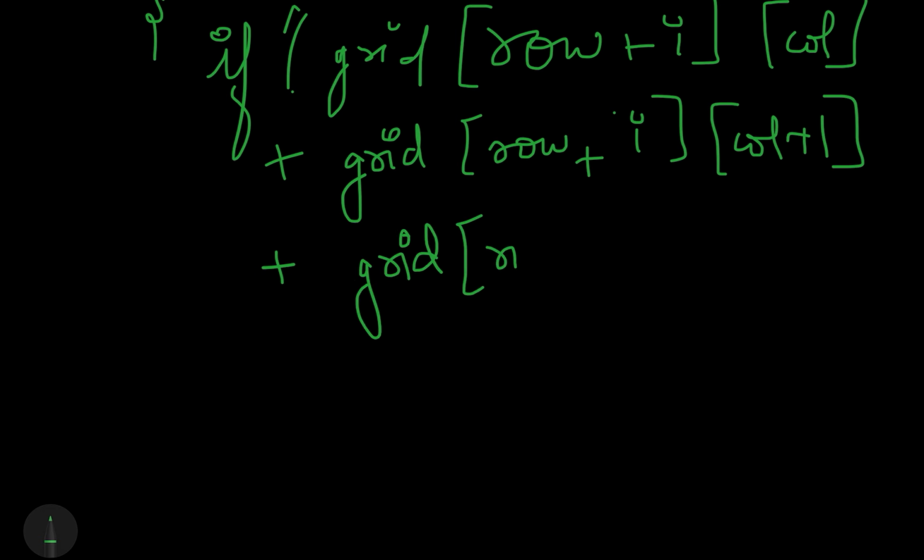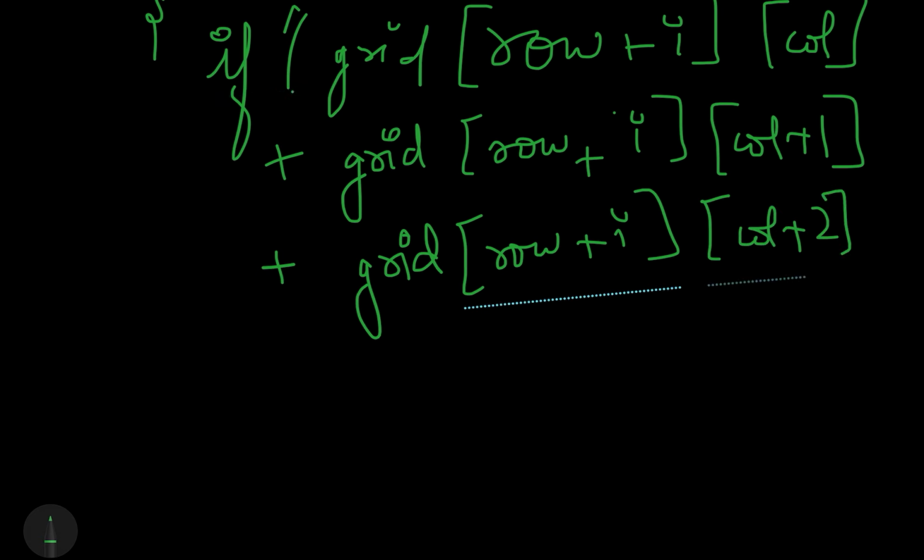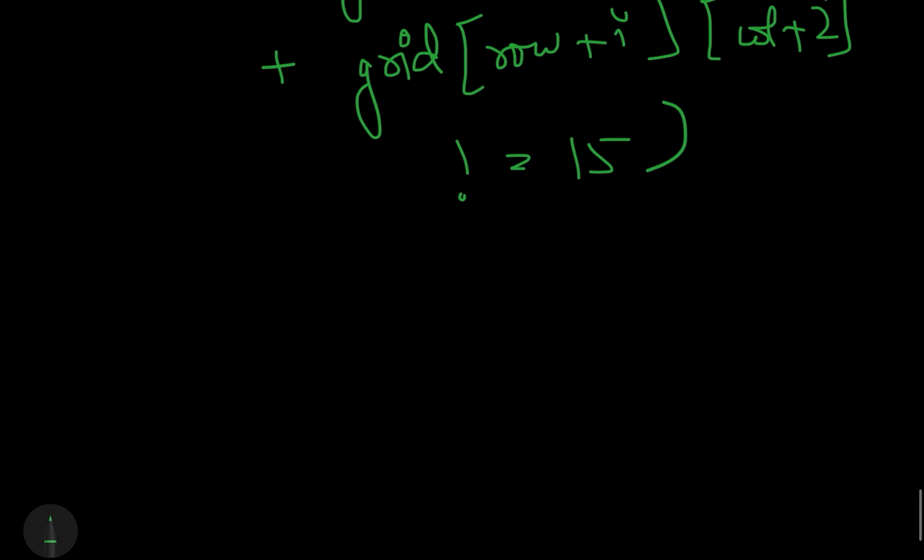If it will be 15, and instead of taking two loops, we are checking in one loop only. And if it is not equal to 15, we'll simply return false.